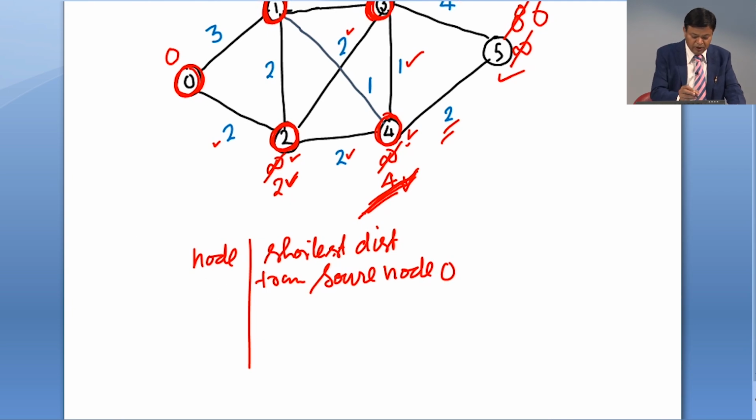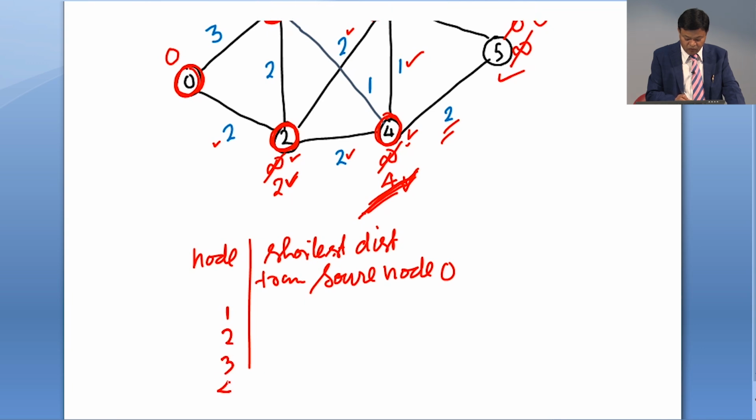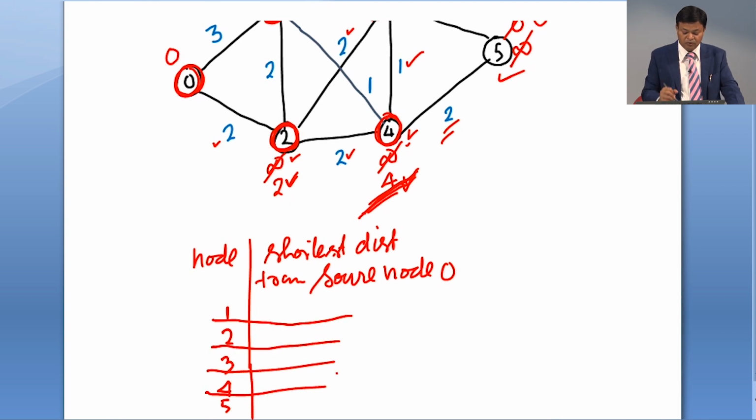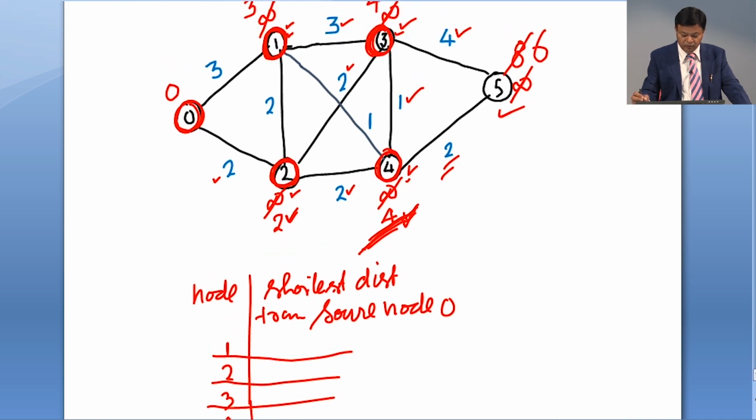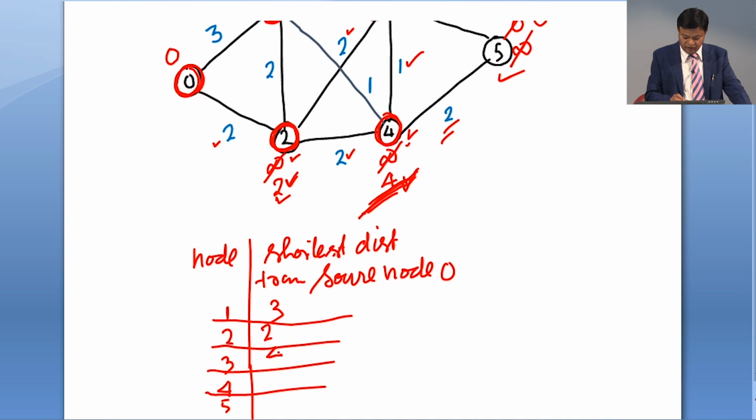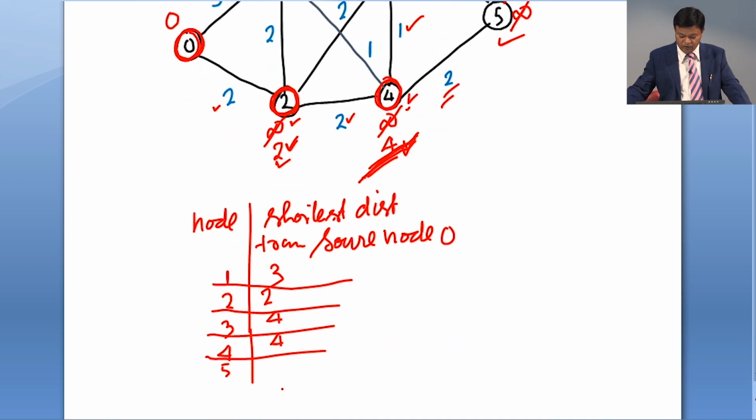So I want to write 0 here. I want to find distances of 1, 2, 3, 4 and 5 from 0. So distance of 1 from 0 is 3. Distance of 2 from 0 is 2. Distance of 3 from 0 is 4. Distance of 4 from 0 is 4. Distance of 5 from 0 is 6.